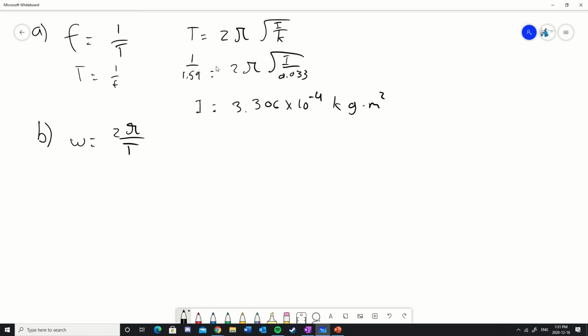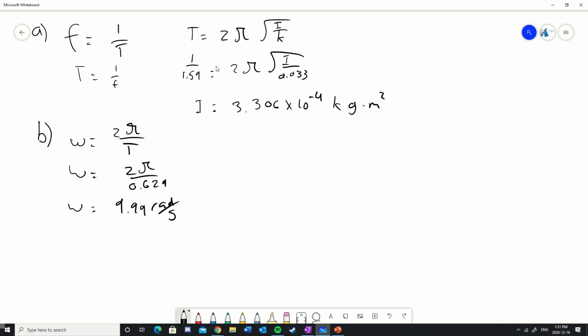We found that to be 1 over our frequency. So we can do some simple arranging, finding that 2 pi times 1.59 is equal to 9.99 rads per second. And that's the easy part.